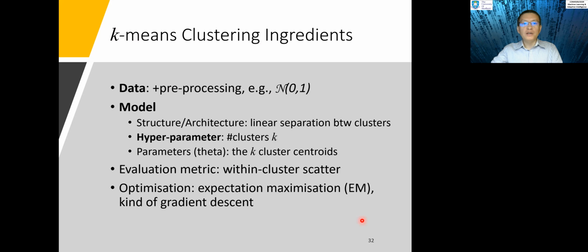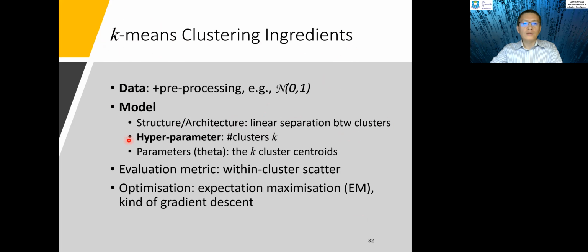So we will finish the introduction of k-means here, because it's very simple and we don't go into much detail. And here are the key ingredients for k-means clustering. It models a linear separation between clusters.